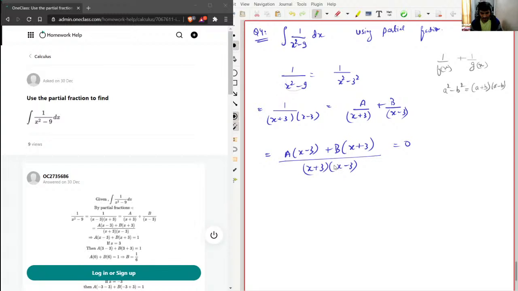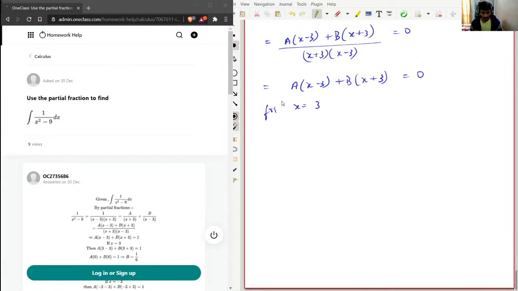So I'll just take the numerator part here. So this will be a times x minus 3 plus b times x plus 3 is equal to 0. Now for x equal to, let's say, x as 3. For x equal to 3, I can write a times 3 minus 3 plus b times 3 plus 3 is, it will be 1, not 0.